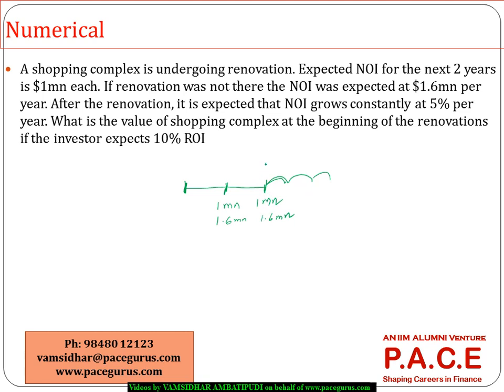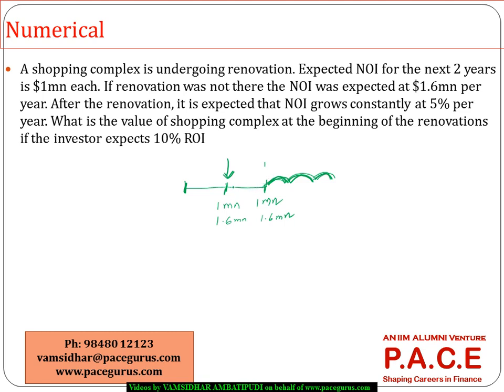Probably you can directly use the capitalization rate here, because there is a constant growth rate that is going to come up. So 1.6 million, and from there a constant growth at 5%.